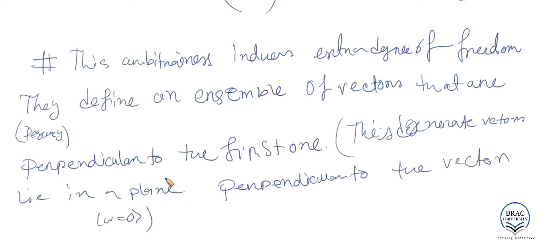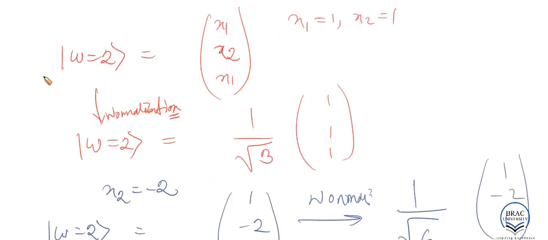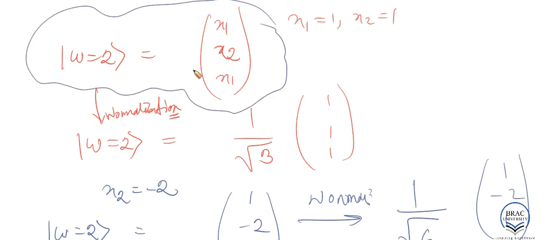And in fact, if you notice carefully here, which is not the normalized eigenvector, this eigenvector will actually depend on the ratio. By ratio, I mean the ratio of x1 by x2.